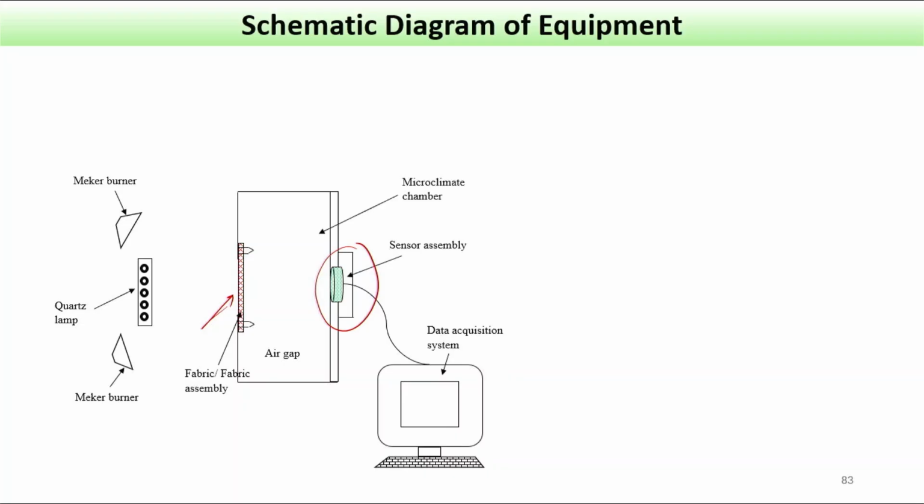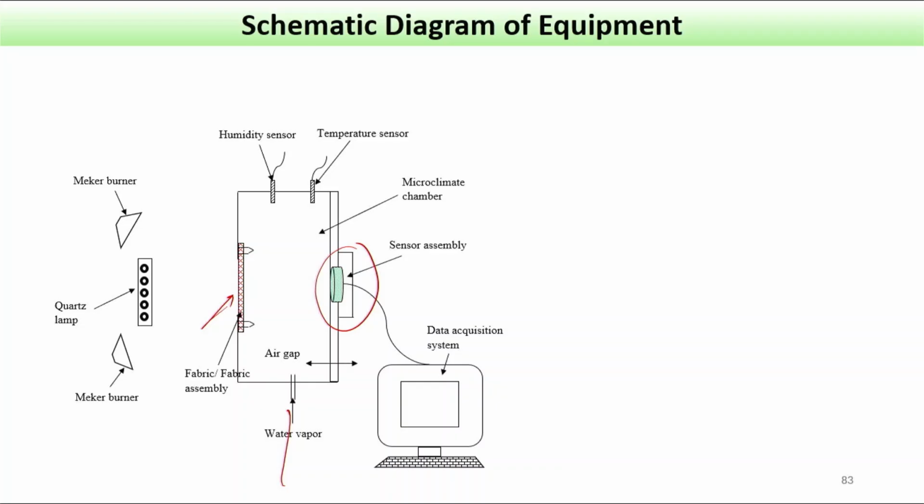This air gap is the microclimate, where the temperature and water vapor penetrate to control the relative humidity. Relative humidity is measured with the help of the humidity sensor, and temperature is measured with the temperature sensor, in real time.